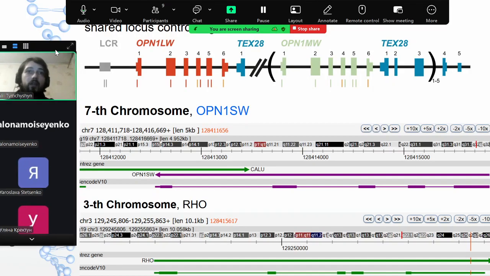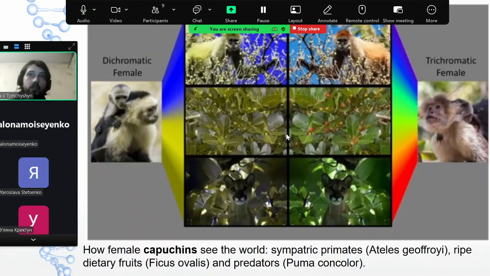Sometimes it is speculated that this may be pretty important for their community, as the monkeys that are able to see all three colors are much better at searching for different fruits. And here you see this image.